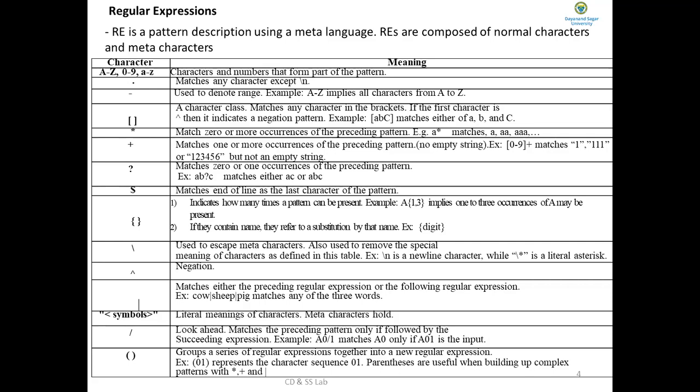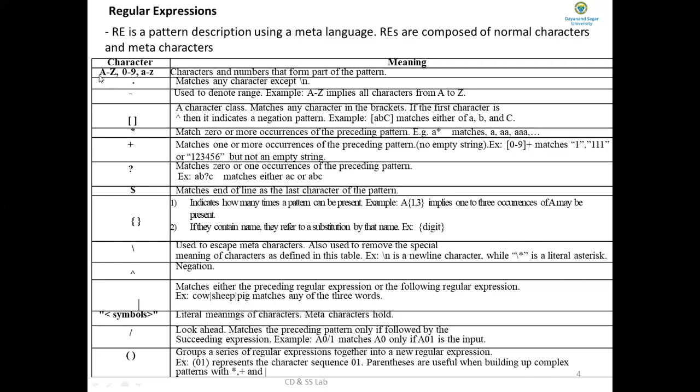So in short, a regular expression is a set of characters that specify a pattern. And the below table lists the characters or meta characters that form a regular expression.